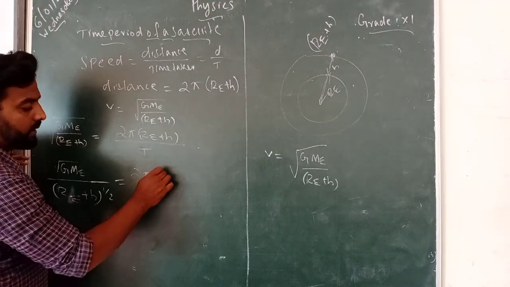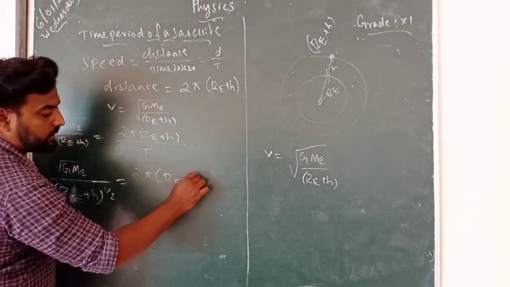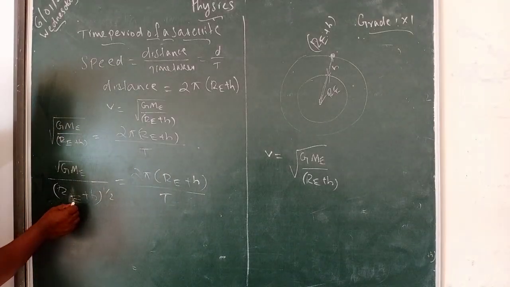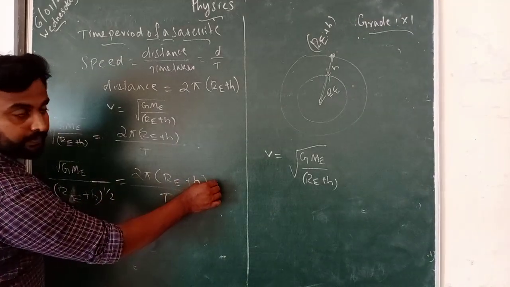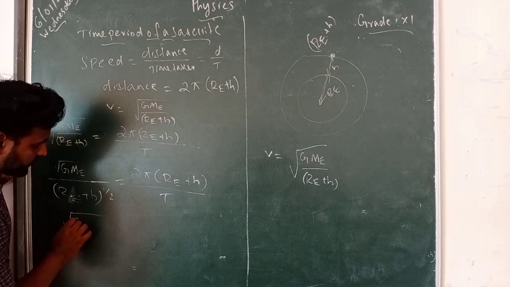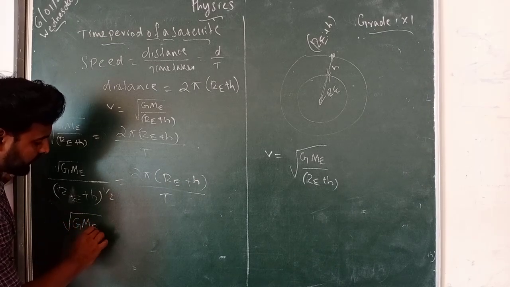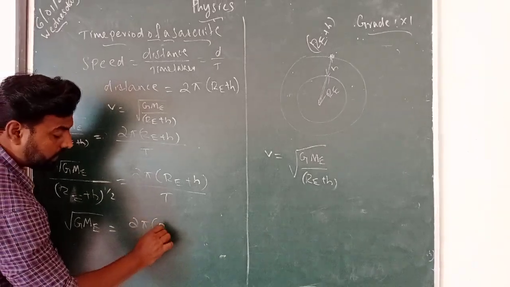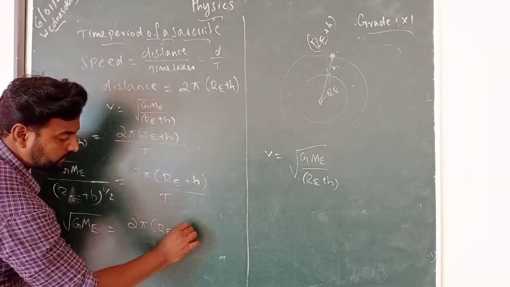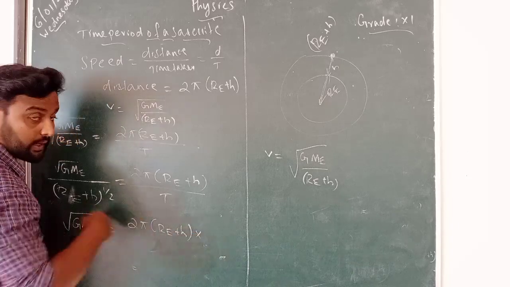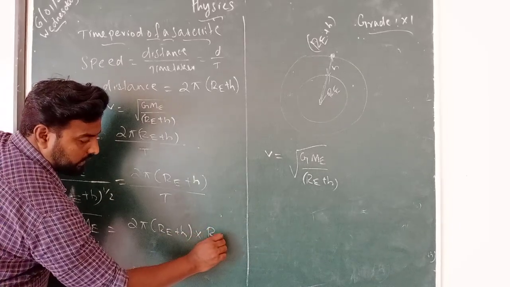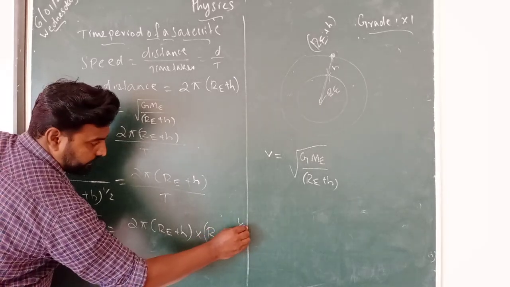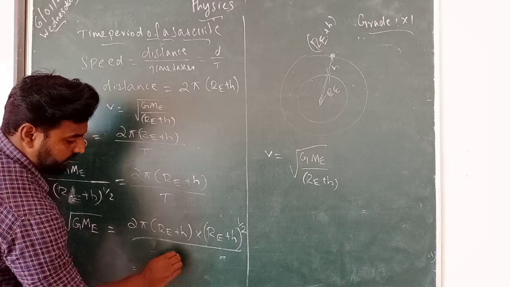So 2 pi (R E plus H) divided by T. Now take this R E plus H here. So root G M E equals 2 pi (R E plus H) into (R E plus H) power 1 by 2, divided by T.